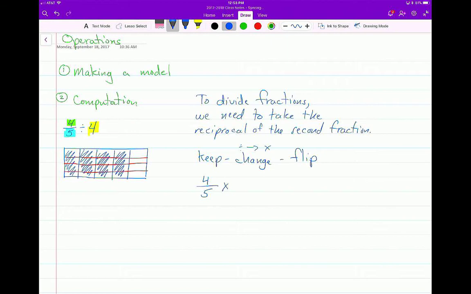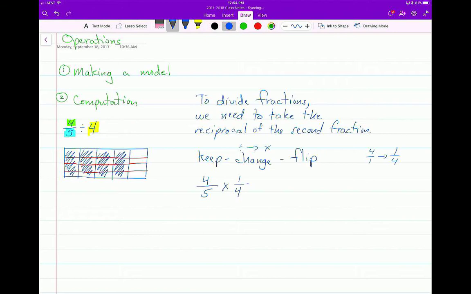When I do that, I'm going to take the second integer, which is a 4, and actually turn it into a fraction. So I'm going to change 4/1 into 1/4. That is called taking the reciprocal. That's my flip. So it's 1/4.